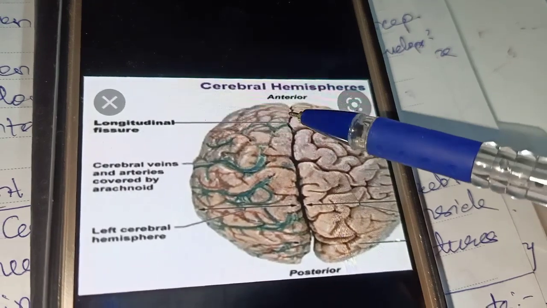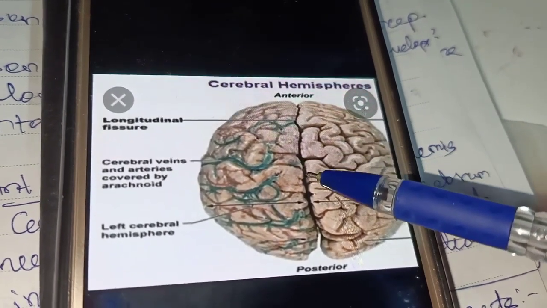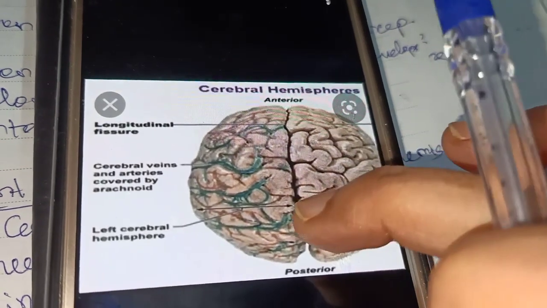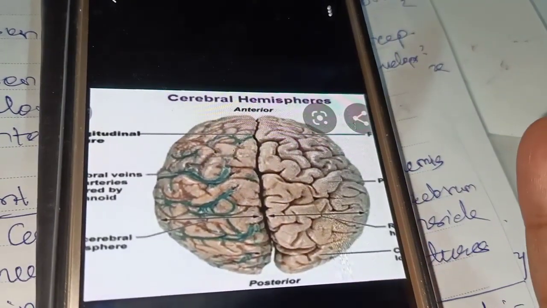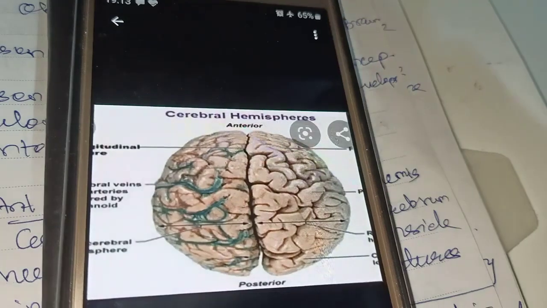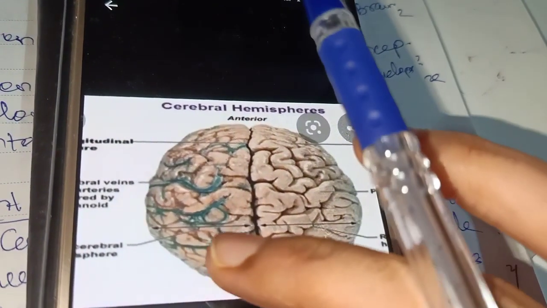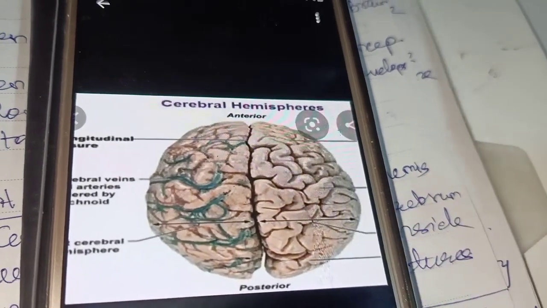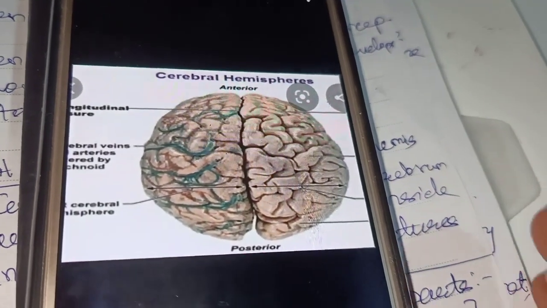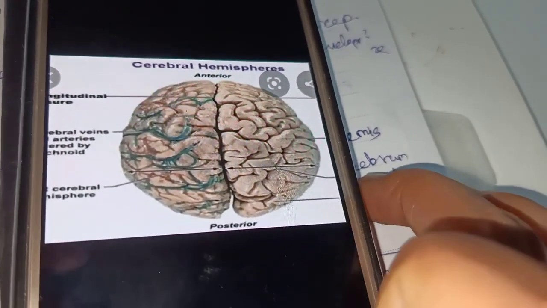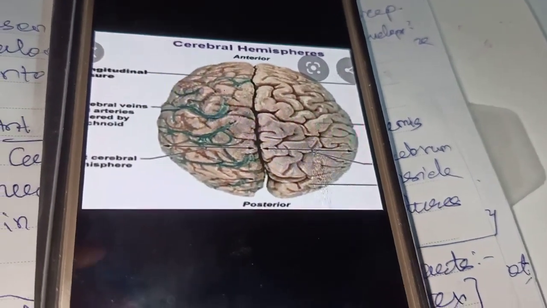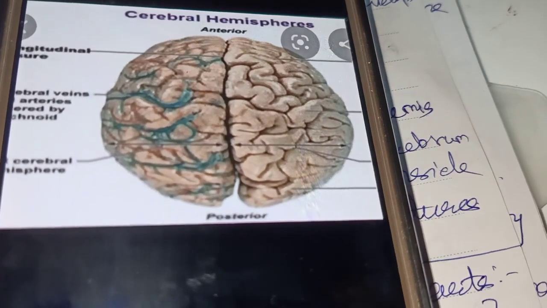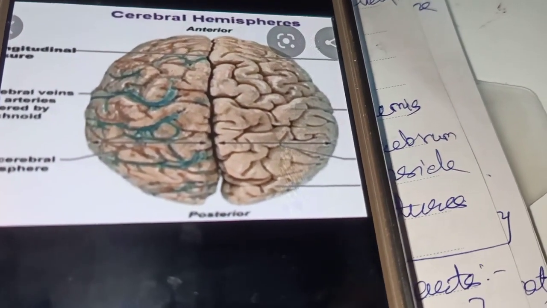The cerebrum is divided into right and left by this fissure, which is known as the longitudinal fissure. We'll talk in detail about prosencephalon, mesencephalon, and rhombencephalon.